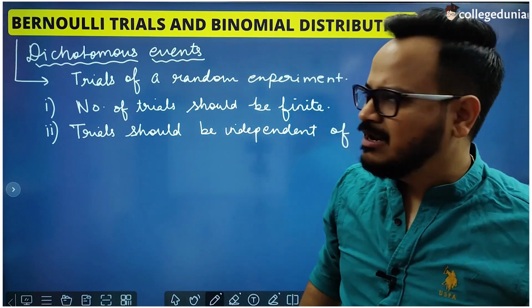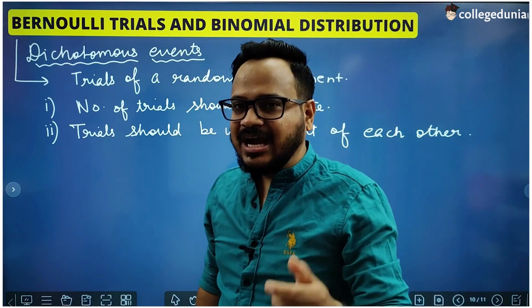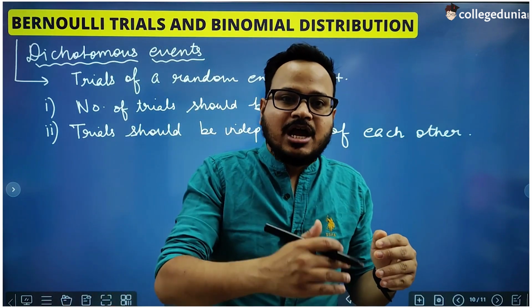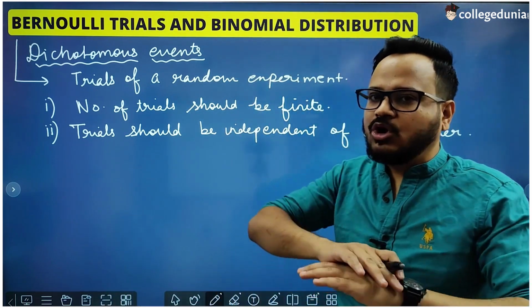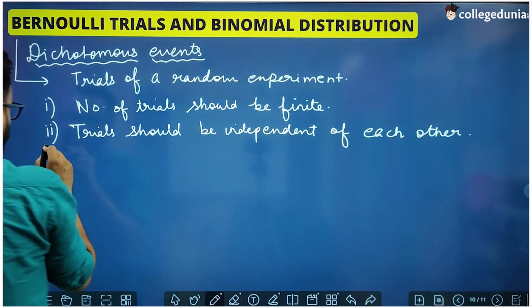All the trials should be independent of each other. For example, when you toss a coin, if head comes in the first trial, it is not going to decide what is going to come in second trial. Even if head comes in first trial, we do not know what is going to come in second trial, right? So trials are independent of each other.